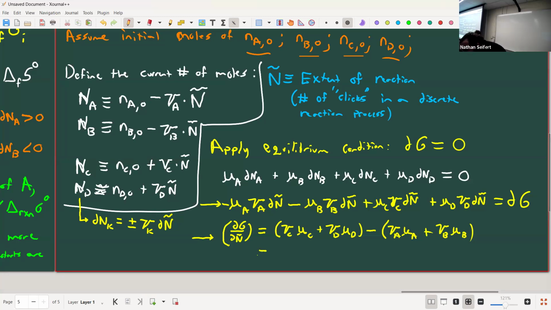So this is equal to the stoichiometric coefficient times the Gibbs energy of formation of C, plus the stoichiometric coefficient times the Gibbs energy of formation of D, minus the same thing for the reactants.